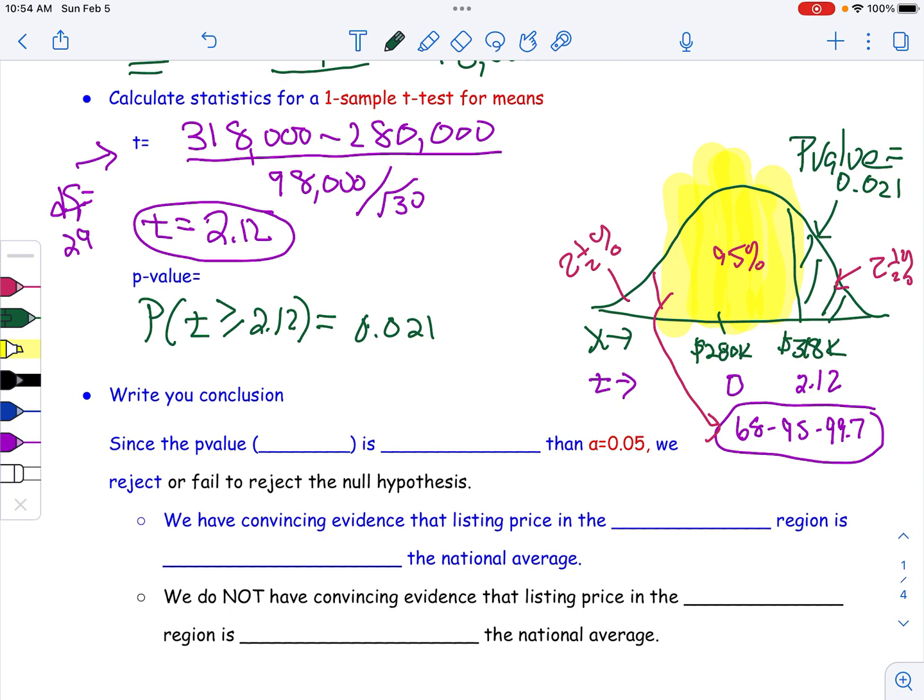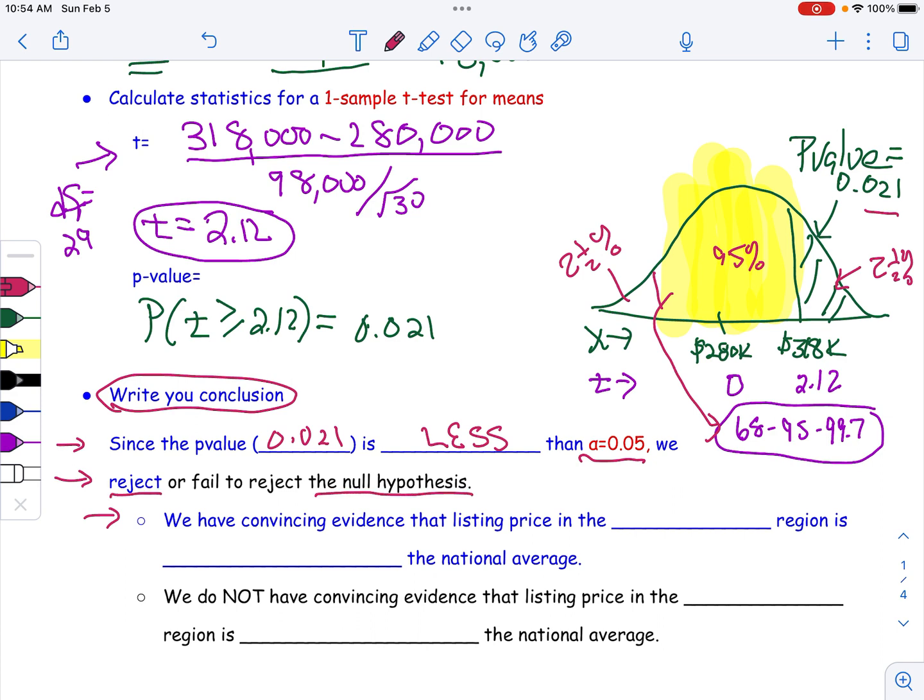We have to write our conclusion. And there are 3 parts that you have to clearly state in the conclusion. The first thing is that you look at our p-value, 0.021, and compare it to alpha. Since it is less than alpha, we reject the null hypothesis.